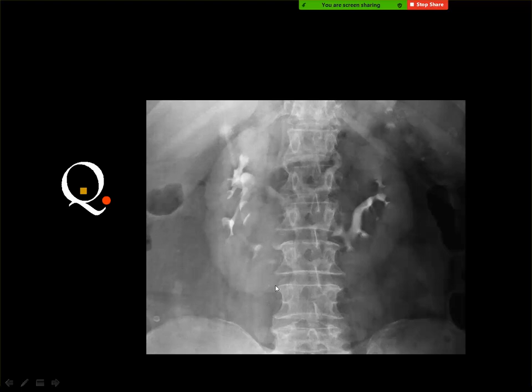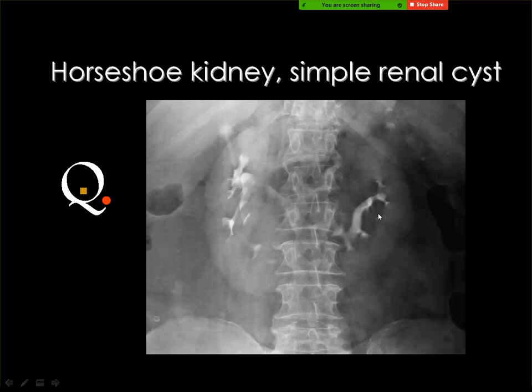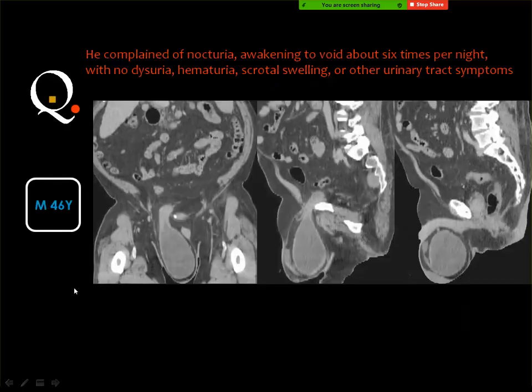The cyst. Yes, and here the differentiation between benign and malignant lesion, between cyst and renal cell carcinoma, is the appearance of the calyces. If the calyces are only stretched and displaced, you think of a cyst. If the calyces are amputated or irregularly eroded, then you think of a malignancy. And this is horseshoe kidney with a simple renal cyst on the right side.